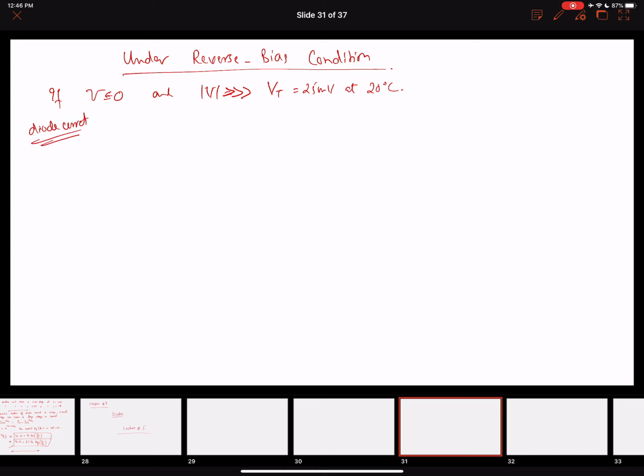Since V is less than 0, the diode is in reverse bias condition. We know that I equals Is times e raised to the power V over Vt, minus 1.